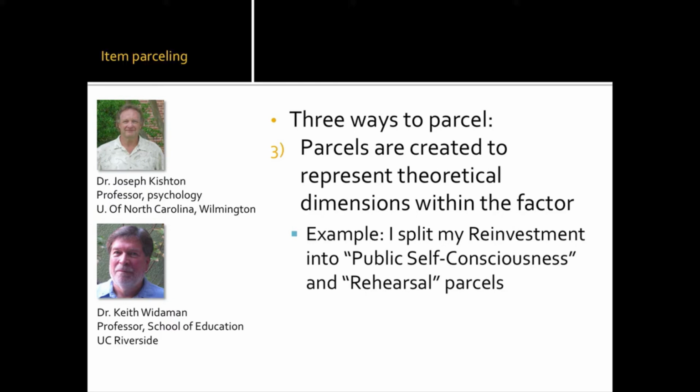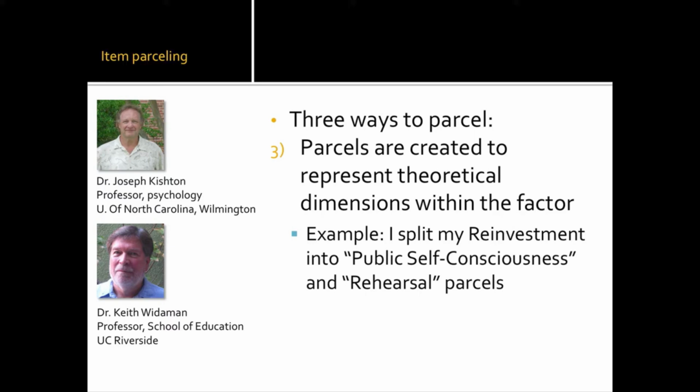So the theory or hypothesis here is, let's say, I had my reinvestment scale, which I mentioned before. It was composed of different subscales within it. It was hypothesized as one factor, however. So in hypothesizing it as one factor, we're ignoring the subscales, but we can bring the subscales back because we're item parceling, and that is useful in this sense.